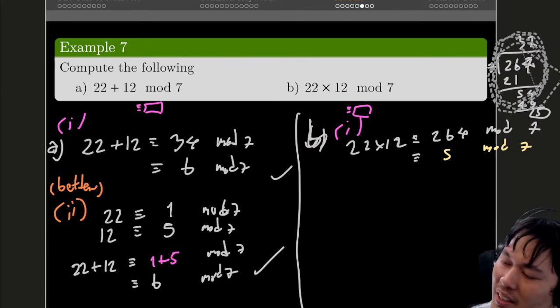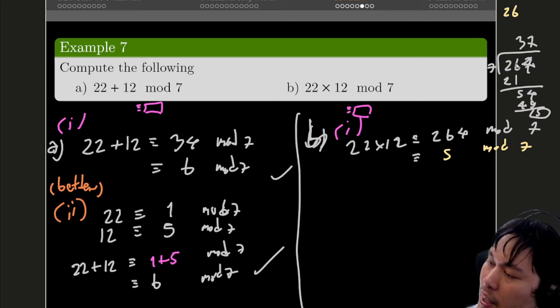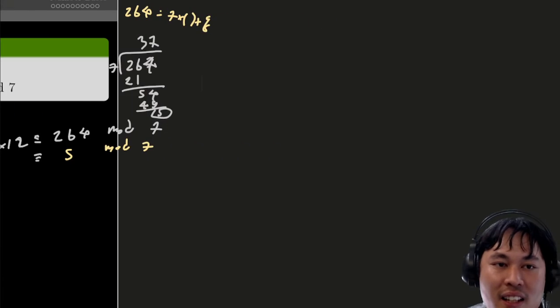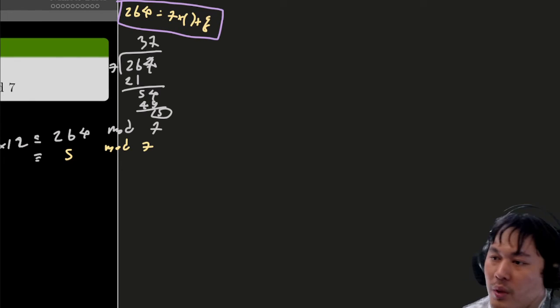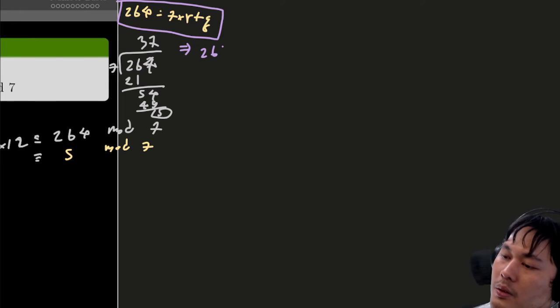Well, actually, I forgot to say that, but yeah. If you write 264 as 7 times something plus q, you can use the division. If you express 264 as 7 times r plus q, then 264 is congruent to q mod 7.